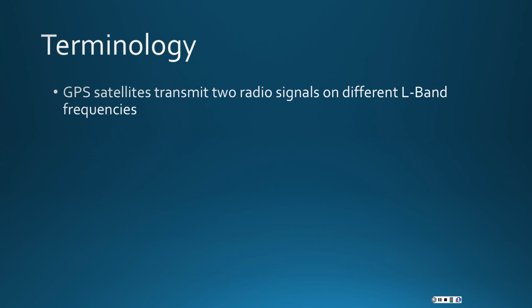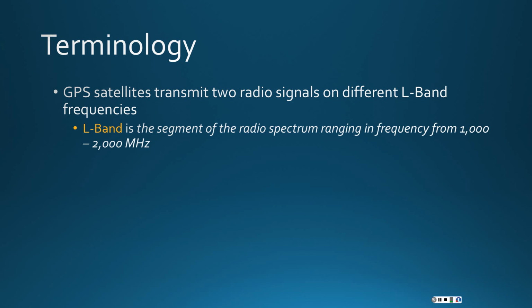Communication between GPS receivers and satellites happens with radio signals. There are several things to consider with this. The first thing we will talk about is that GPS satellites transmit 2 radio signals that are on different L-band frequencies. L-band is the segment of the radio spectrum ranging in frequency from 1000 to 2000 megahertz.